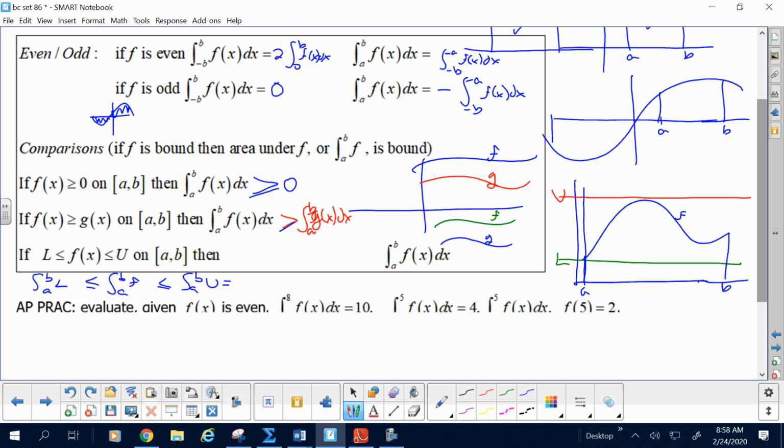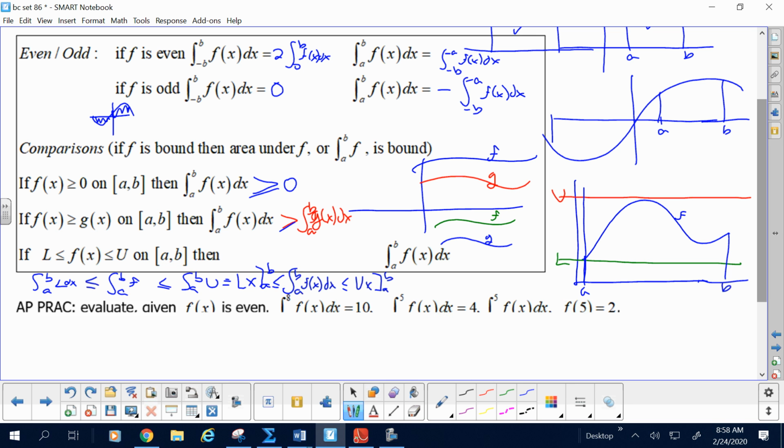All right, now when I integrate L with respect to x, L is a constant. So what is the antiderivative of L? Lx from A to B. The integral in the middle is what we're trying to establish. We don't know anything about that still. And what is the antiderivative or integral of U? Ux from A to B. Okay.